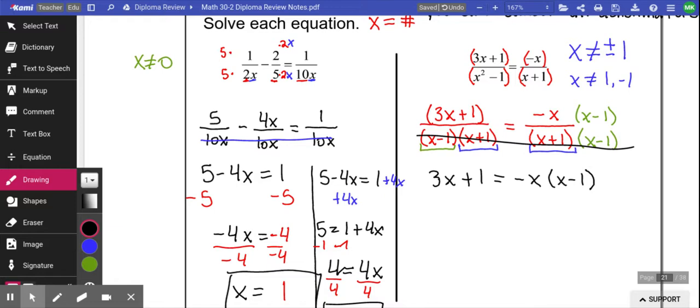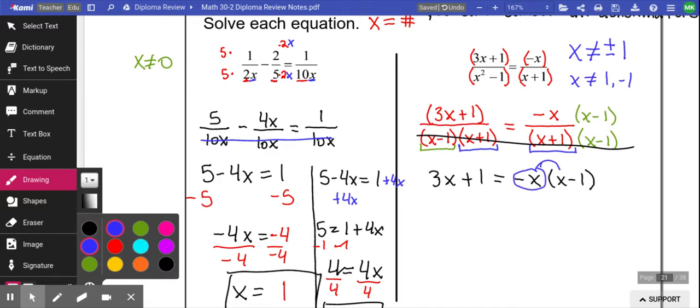To solve this thing, if there's any expansion that needs to happen, you need to do it first. There is expansion here. I need to multiply this negative x into the brackets. That gives me 3x plus 1 equals negative x squared plus x. Right? Negative x times x is negative x squared. Negative x times negative 1 is positive x. Okay.